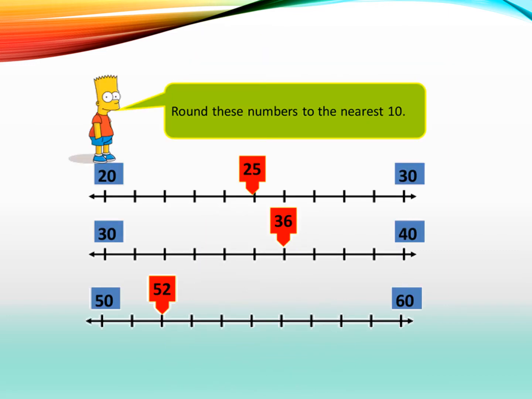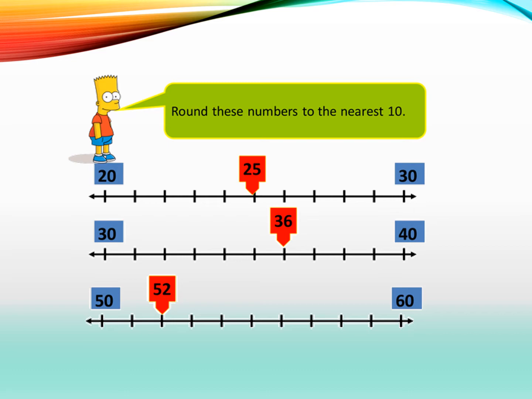Let's talk about the number line. First, we must know the multiples of 10, or tens: 10, 20, 30, 40, 50, 60, 70, 80, 90. This is the tens. If we have a number like 36, 36 is between 30 and 40.